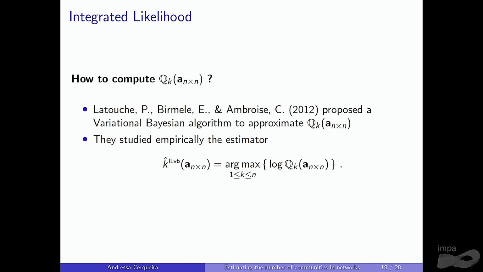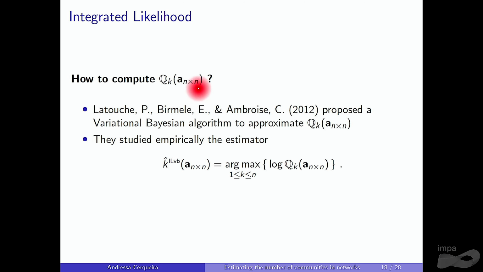Okay? So the idea is the same as Jesus explained to us today. To approximate this quantity, I could use an EM algorithm, but I cannot use an EM algorithm because I cannot calculate some conditional distributions. So instead of using an EM algorithm, I'm going to use a variational algorithm. But here, in this case, I have priors for the parameters. So instead of a variational algorithm, I'm going to use a variational Bayesian algorithm, right?